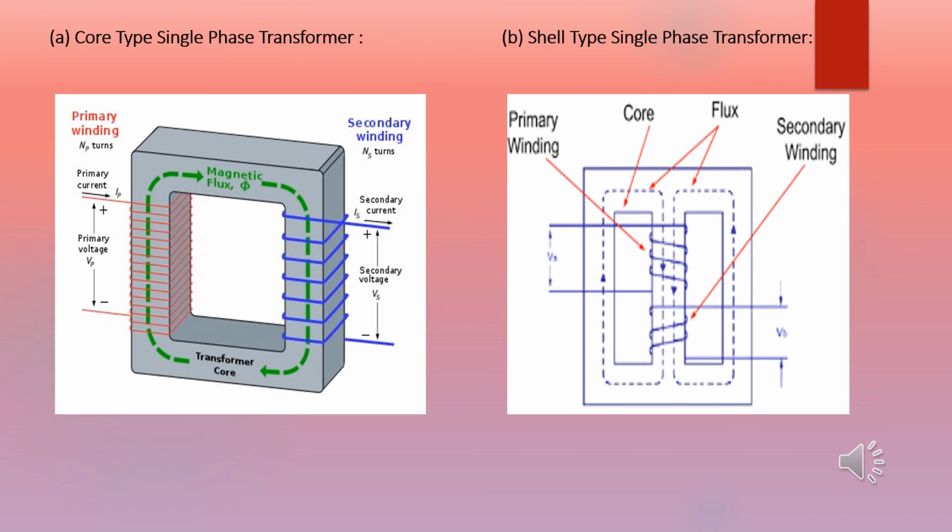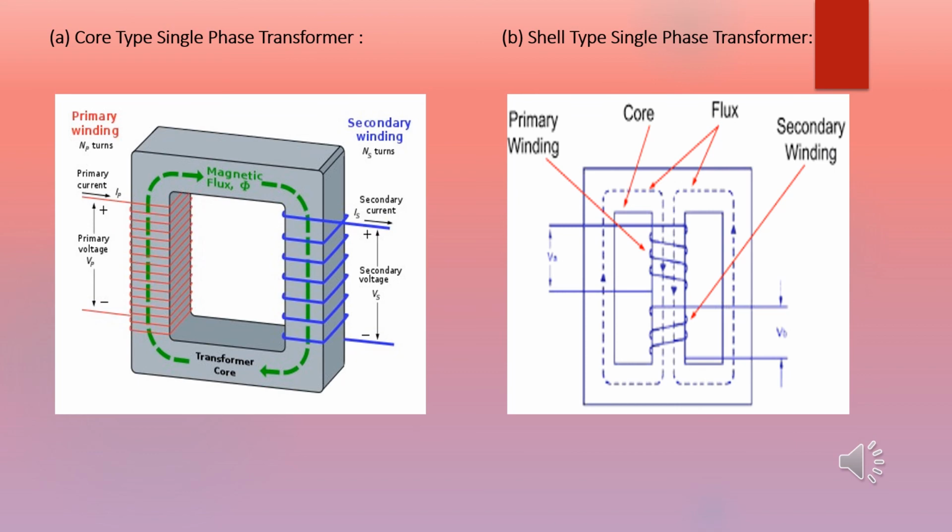Figure B shows a shell type single phase transformer. Here the main difference is both the windings are wound on the central core or a single limb. Here the other part of the core will surround the windings.